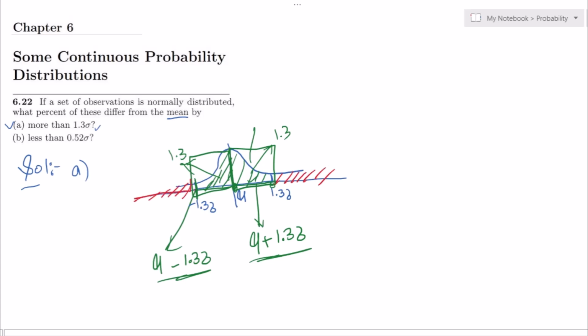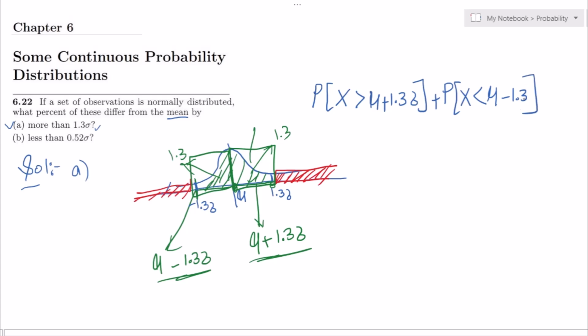So the probability that x is greater than mu plus 1.3 times sigma, plus the probability that x is less than mu minus 1.3 times sigma. Okay, so these are the equations.